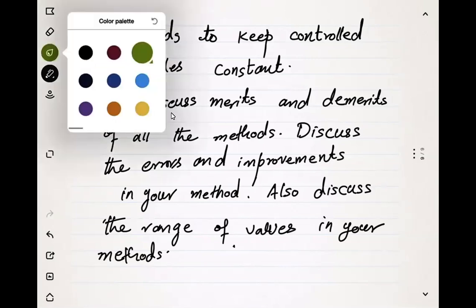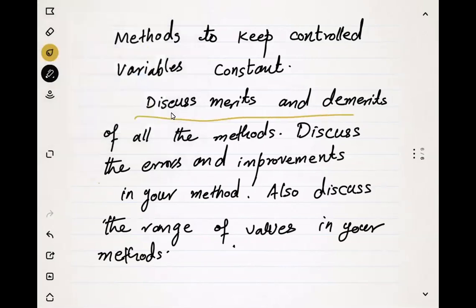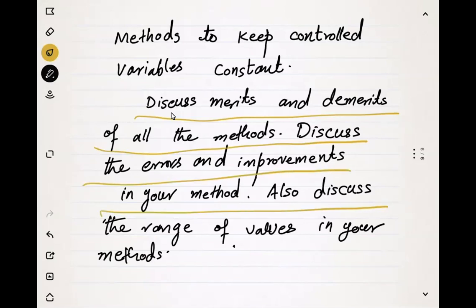Now, if I underline the extra details, these are the extra details. These are the things which we'll discuss and they will be counted as extra detail. However, they are not to be mentioned separately. For example, if you're using a meter rule, it could be bent, it could have broken edges, it could be wrongly calibrated.